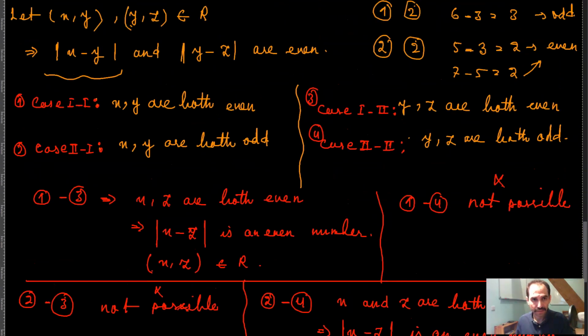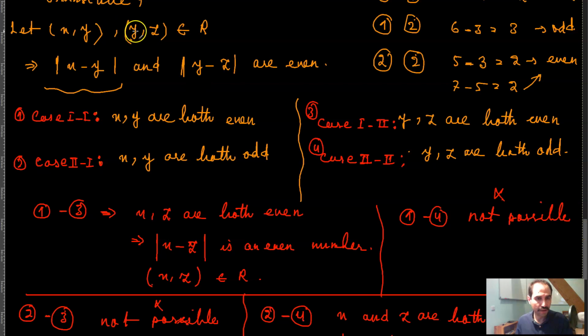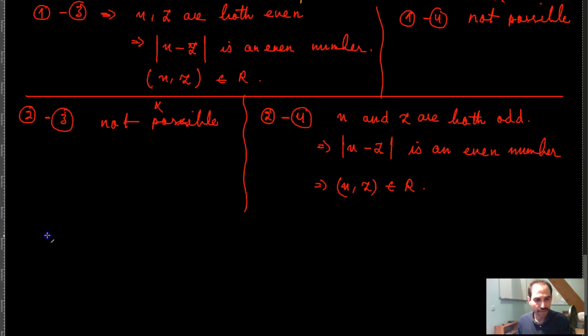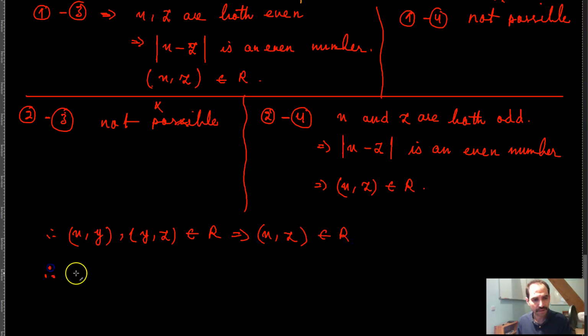So that means that basically x comma y and y comma z belonging to R implies that x comma z does belong to R, which means that basically R is transitive.